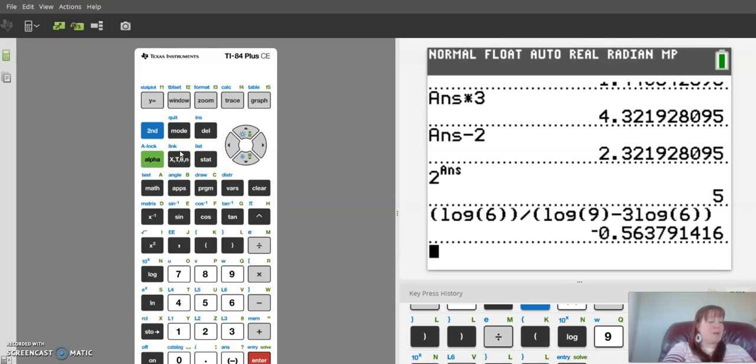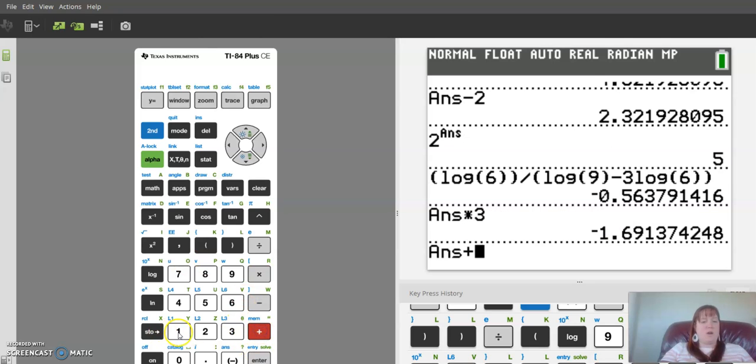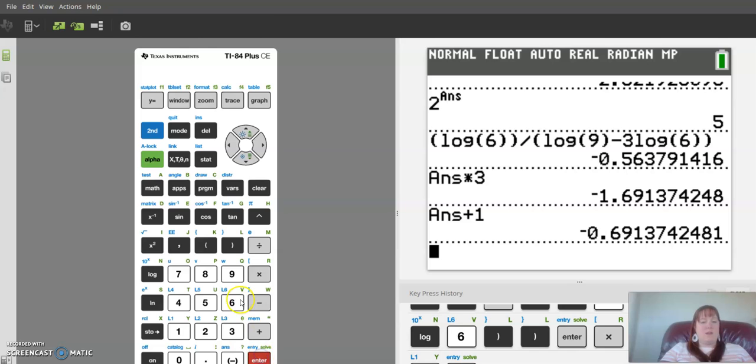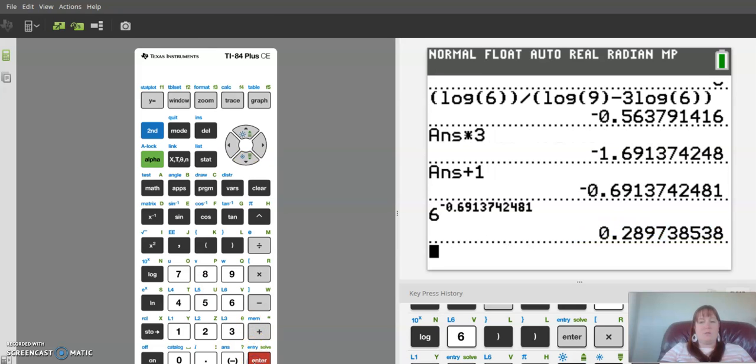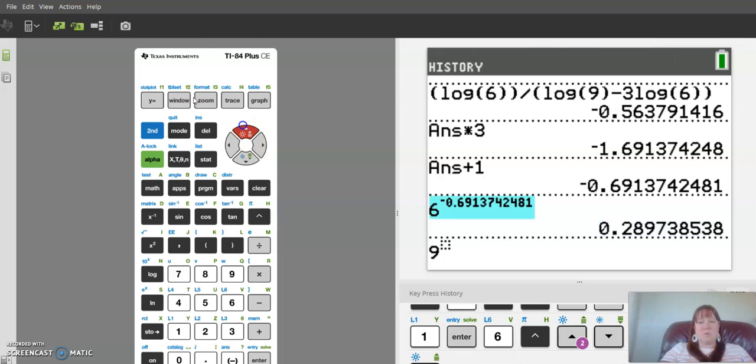Remember, we can go back, we can plug this in, and our original equation says if I took this number, this crazy number, multiplied it by 3, and add 1, and then raise 6 to that power, that I would get the same as if I raised 9 to that power.